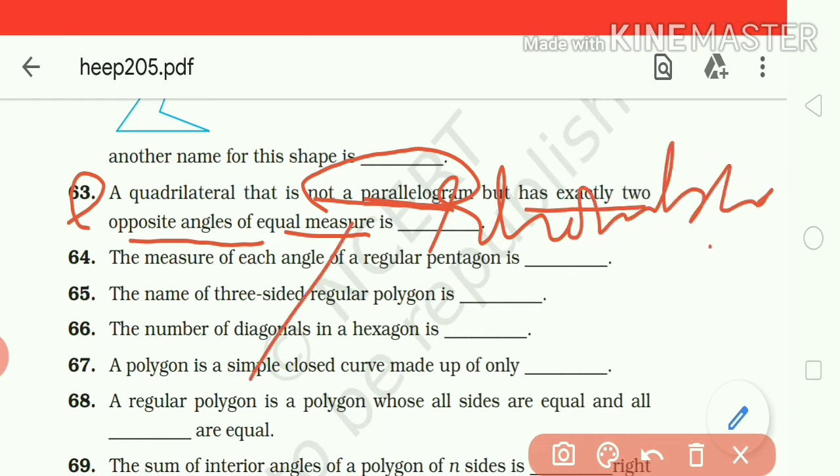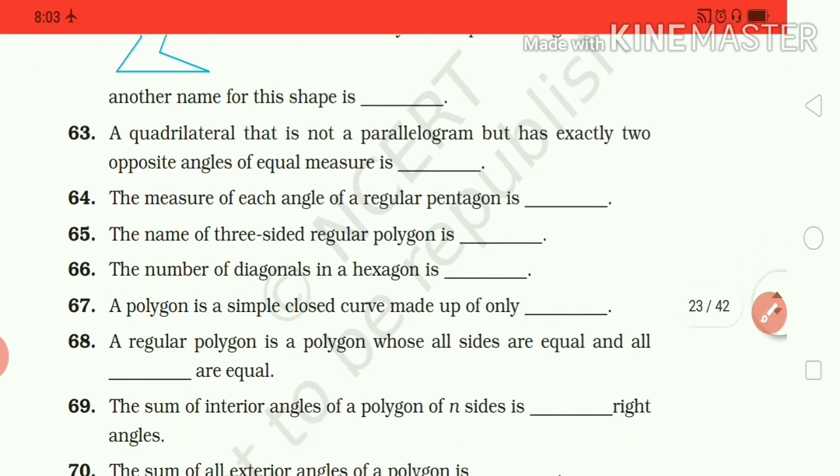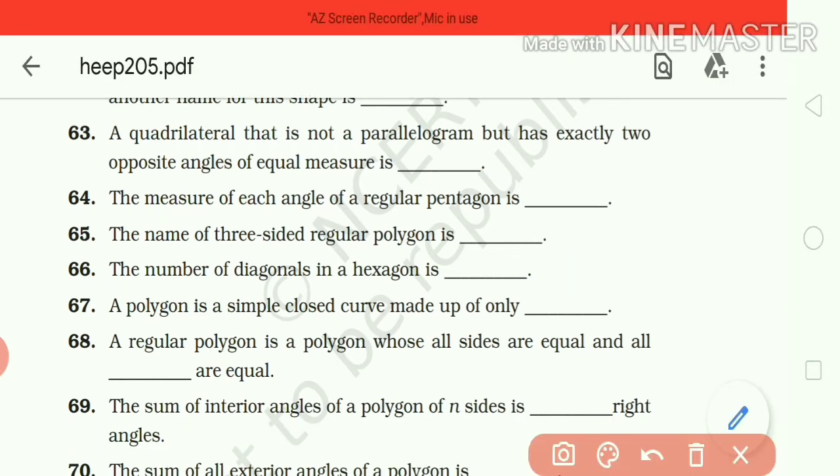In the rhombus, when you have these two isosceles triangles, this angle will be equal to this and this equal to this, so it will be a rhombus. Now possibilities are for square and rectangle also, because both have 90 degrees each, so opposite angles are equal. But in the case of a parallelogram, we will take rhombus, it is better.